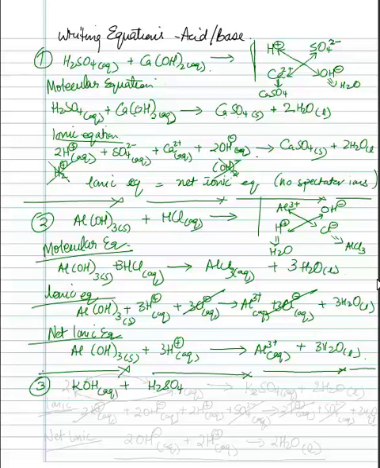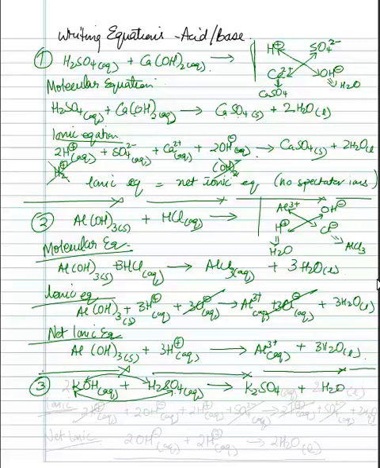Both are aqueous. I'm not going to work it out as I did before with the double displacement, because hopefully now you can follow it through with me. So we have potassium combining with the sulfate. The sulfate is 2 minus, which means I have K2SO4. And then the OH is going to combine with the hydrogen and give me water.